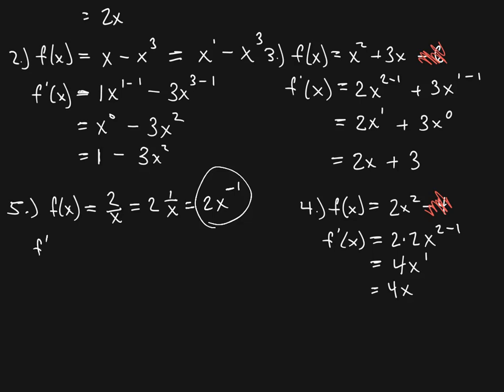So when we do so, we get f prime of x is equal to negative 1 times 2 times x to the minus 1 minus 1. There should be an equal sign here. So that then is equal to negative 2 times x to the negative 2. So this is the derivative now for problem 5.